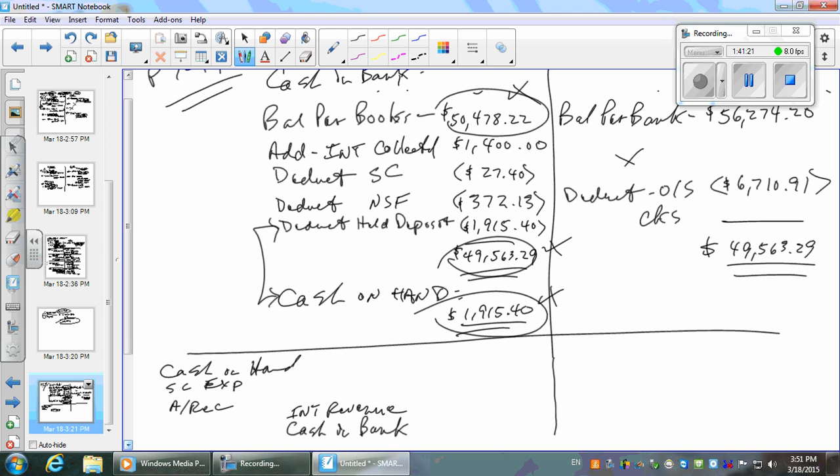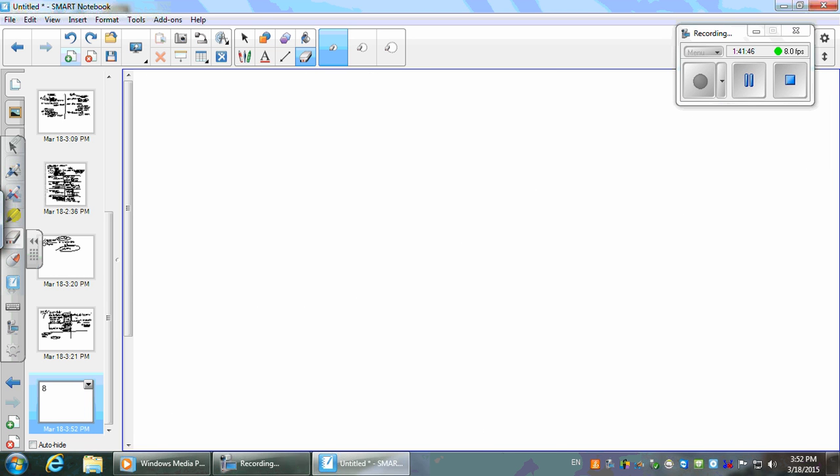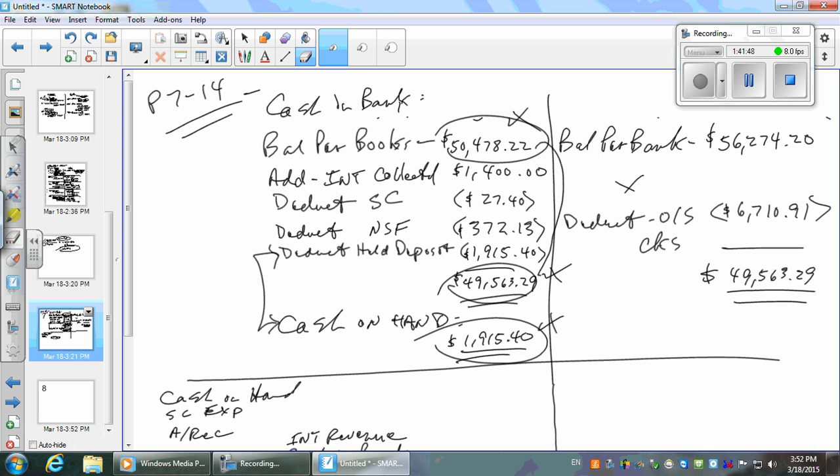How much did you reduce cash by? 1915. The difference between those two? It might not have been the cash on hand. No, the cash on hand. I want to do one entry. Just one entry. I don't do five entries. It's a waste of time.